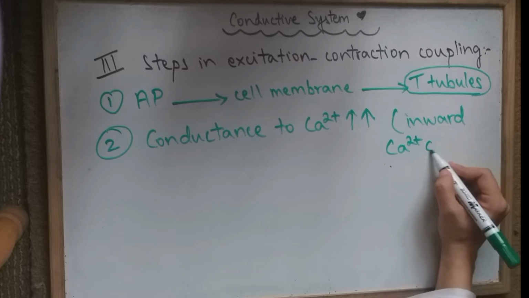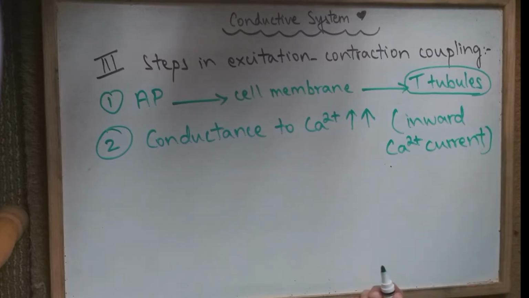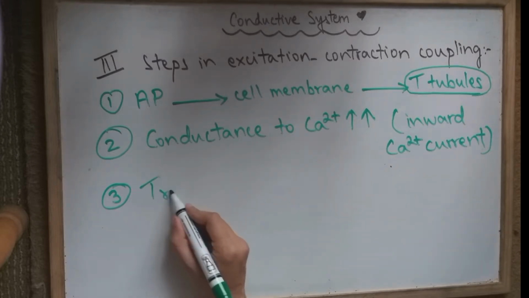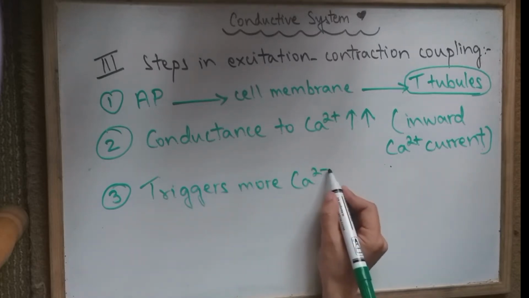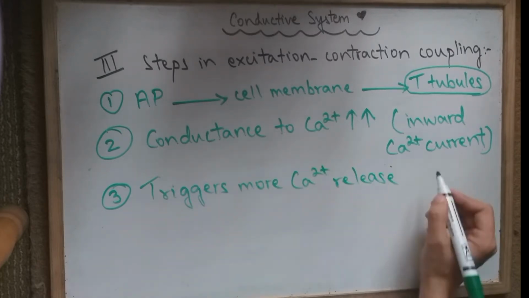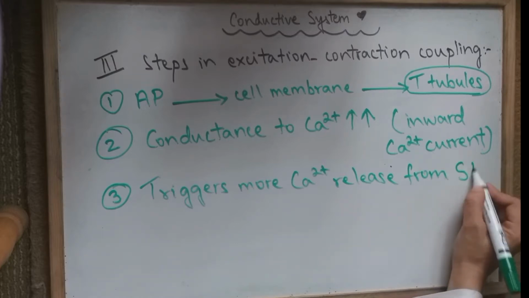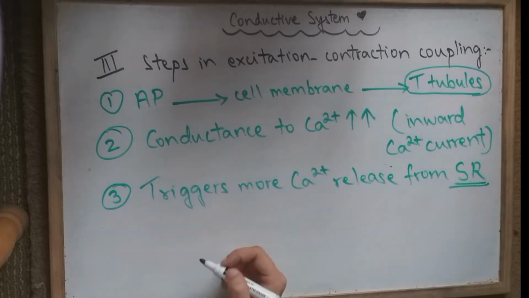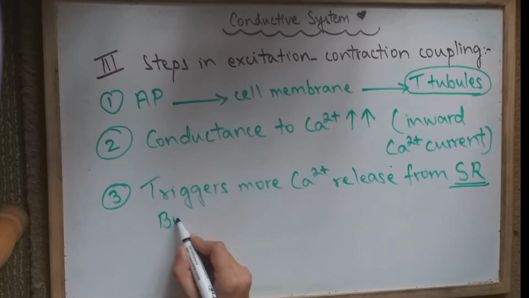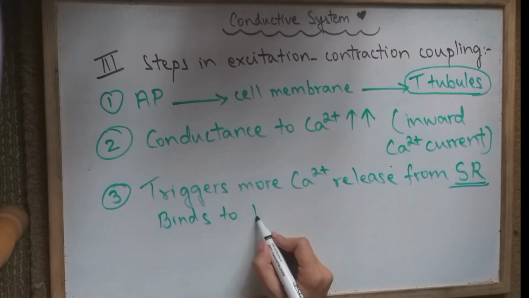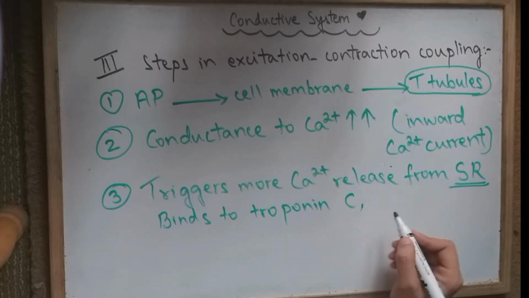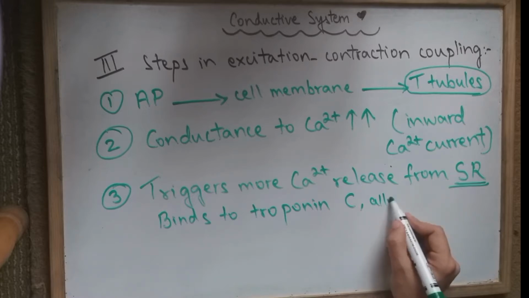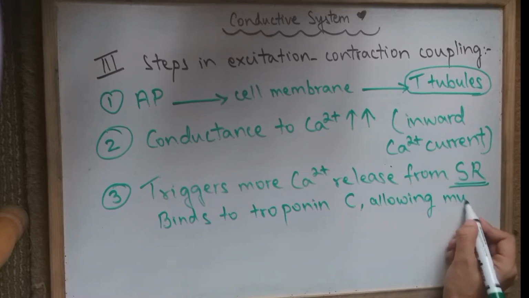There's an inward calcium current, a lot of them, it gets triggered, and then this calcium is released from the sarcoplasmic reticulum, which is present in the muscles, and one of its functions is to store calcium. So this calcium binds to troponin C, which you know is in the sarcomere, and once it binds, it changes its shape, conformation, and then it lets actin go, which binds to myosin, forming the bridge, and then there's the sliding filament theory, and contraction occurs.